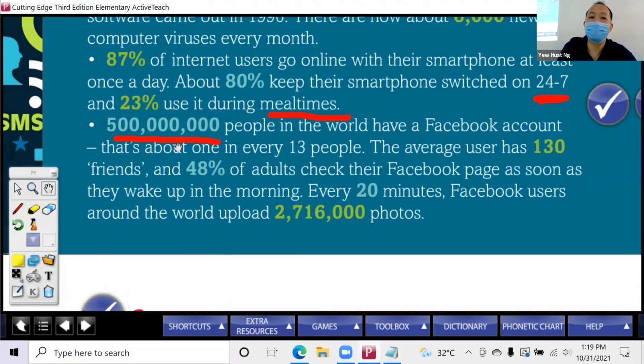Average user has 130 friends. Do you understand this? Why does it have this thing? Correct. They are not your real friends. Same as in your 微信朋友圈. How many friends do you have? My WeChat, I have, I think 1,000 to 2,000 friends.